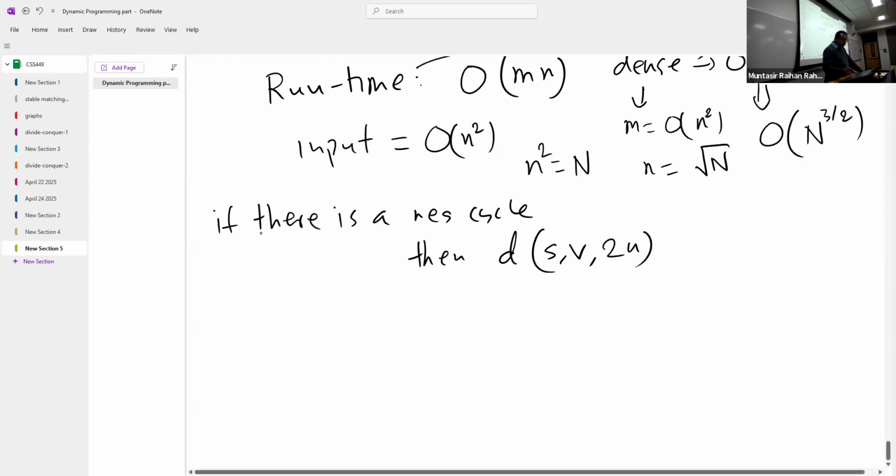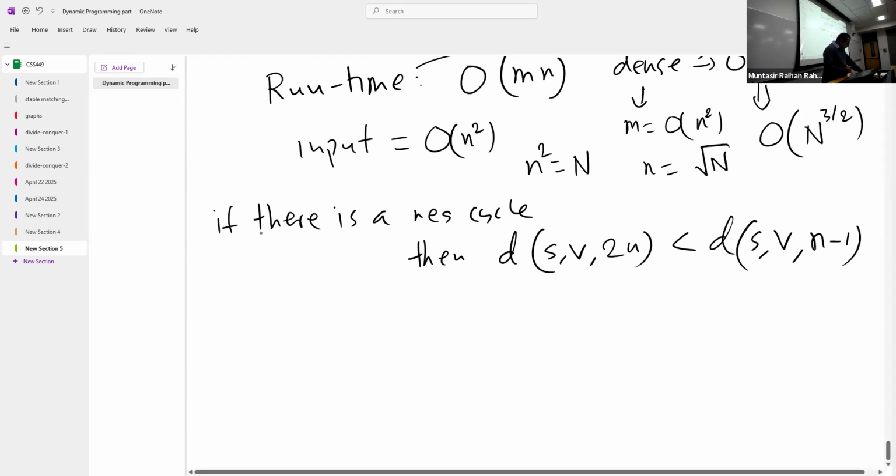If you allow up to 2n hops and there is a negative weight cycle, then you'll eventually end up finding that there is at least one vertex v such that if you go up to 2n hops, you're going to end up in a cycle. And if you end up in a cycle, that means that once you go around the cycle, you're going to decrease the weight. So this value is going to be less than d of v at n minus 1, right?